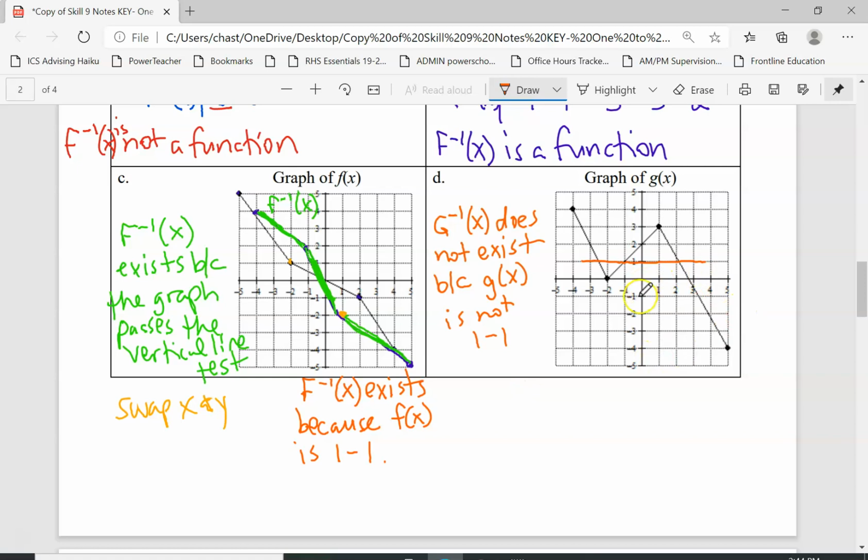Okay? You could still graph its inverse, it just won't be a function. So g inverse of x does not exist as a function, but we could figure out an inverse graph for it. And we do that just by swapping x and y again and graphing it that way.